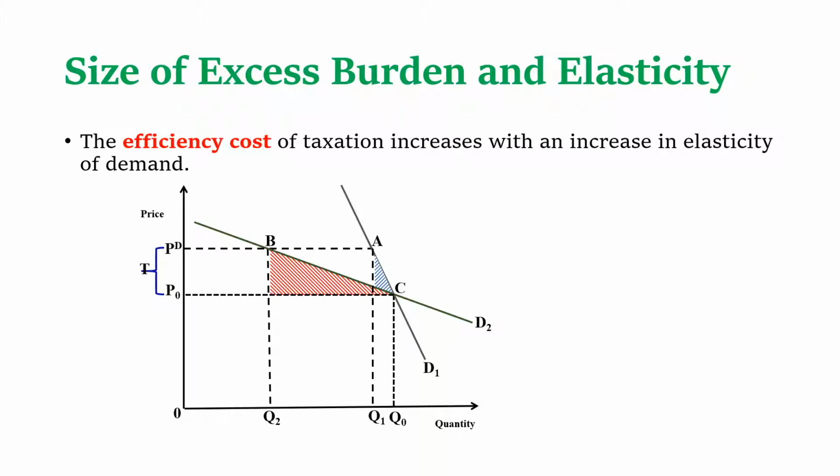This is because demand at D2 is elastic, so economic agents are able to avoid the tax by running away.